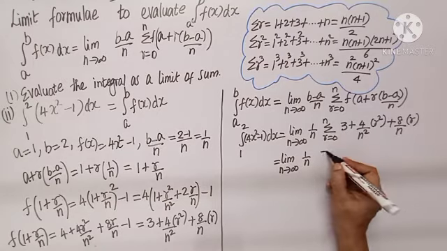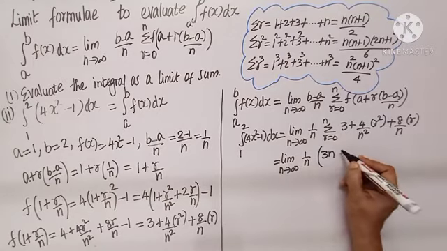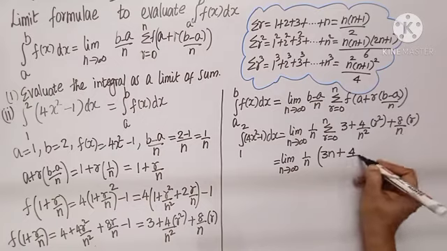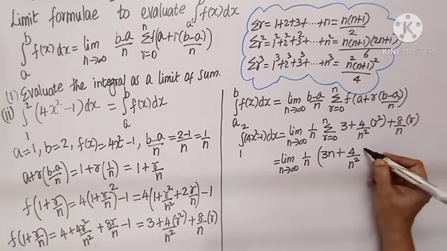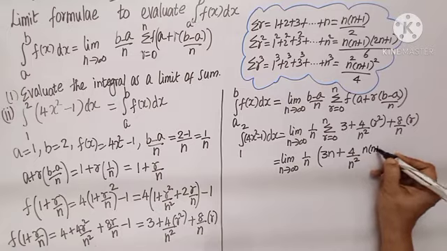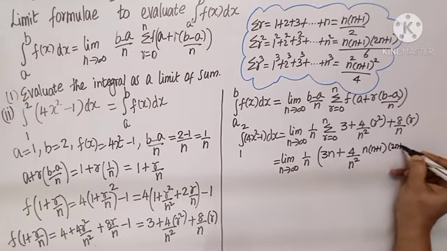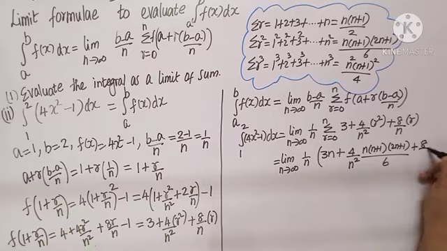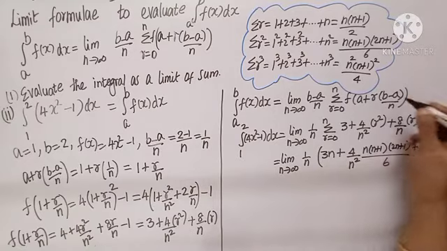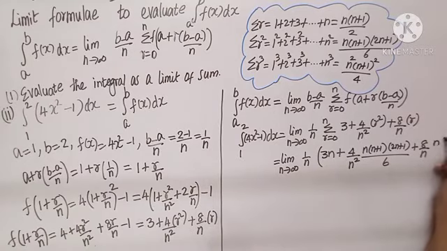Limit n tends to infinity, 1 by n. Sigma 3 will become 3n, plus keep 4 by n squared as it is. Sigma r squared will become n into n plus 1 into 2n plus 1 by 6, plus 8 by n as it is. Sigma r will become n into n plus 1 by 2.